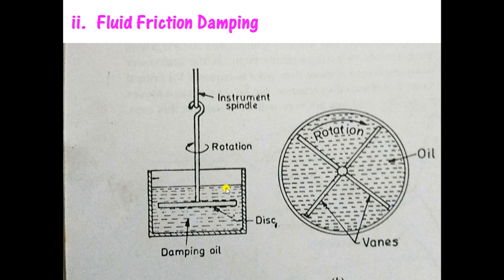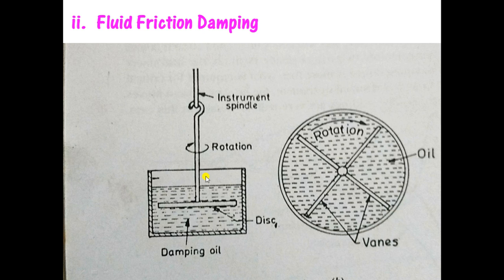As the disc rotates, there will be a friction produced inside this oil, and because of that friction, the movement of disc will be stopped. The movement of disc will be opposed. As the movement of disc is opposed, automatically movement of the spindle is opposed, and automatically the pointer connected to the spindle is also brought to rest.